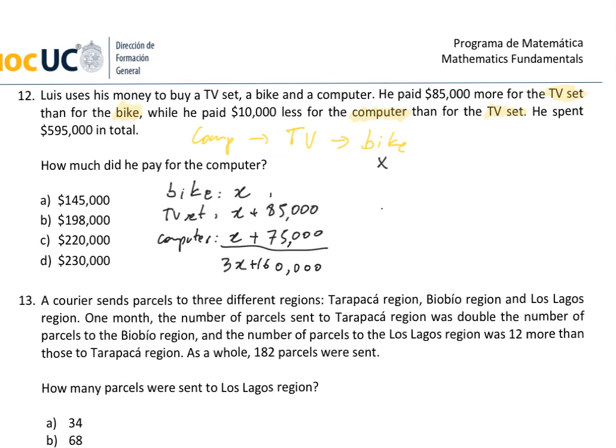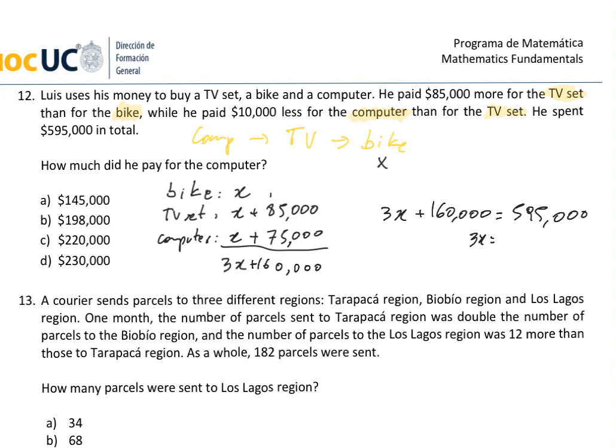Entonces, 3x plus 160,000 equals 595,000. So what should we do? We have to do what we have to do, right? This 160 is adding, so we subtract it.